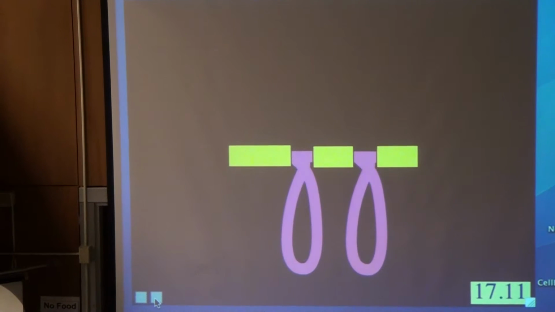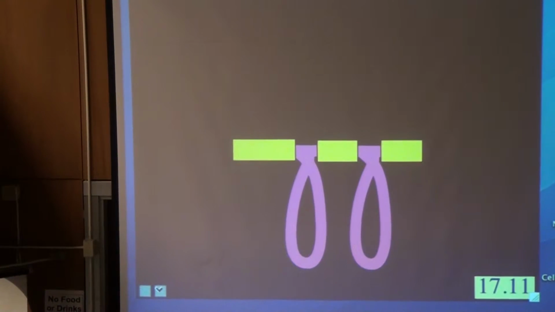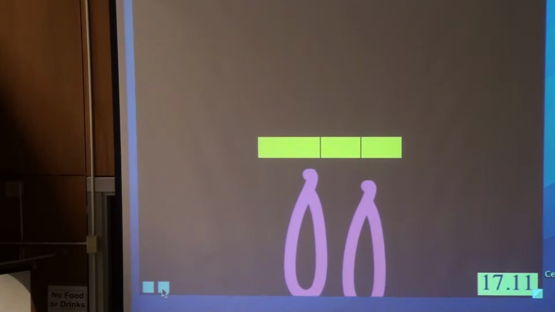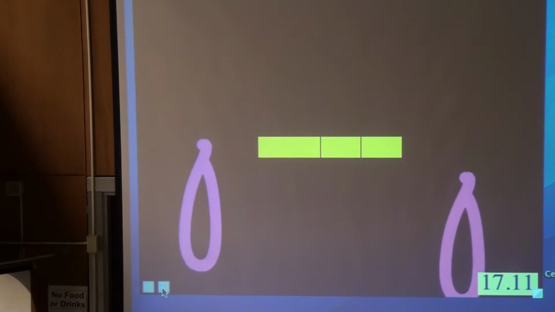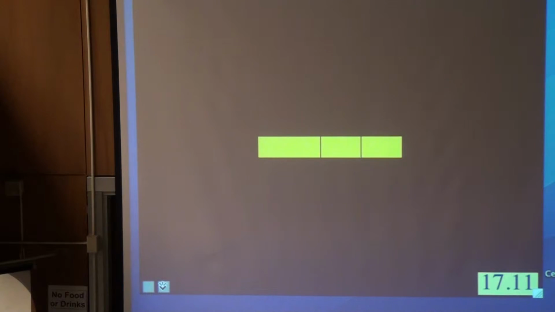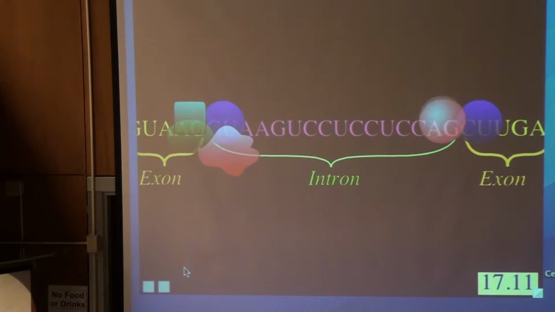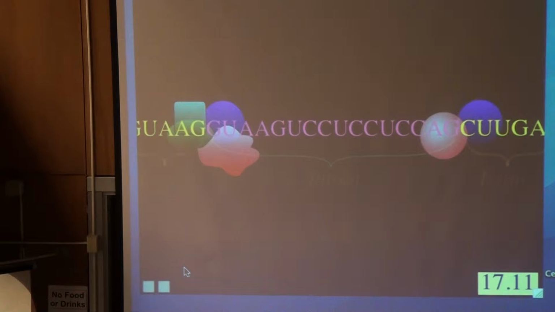We've seen this before. The introns get looped downward like that. The introns are the pink things, and the exons are the gold things. Eventually these enzymes physically cut out the introns and splice, that is to say, ligate the exons together. And here's a cartoon. The proteins that attach to the beginning and the end of the intron are called small nuclear ribonucleoproteins, or SNRPs for short.